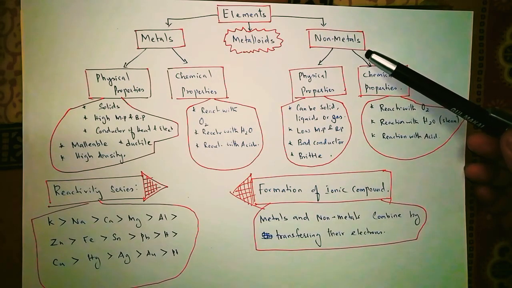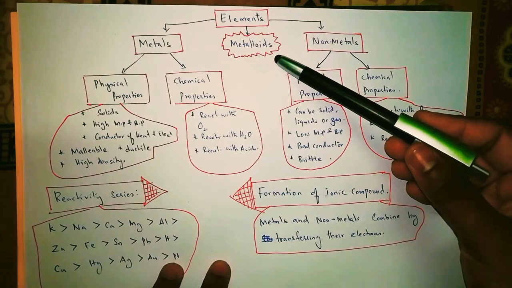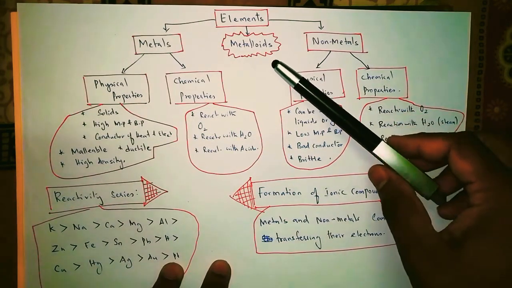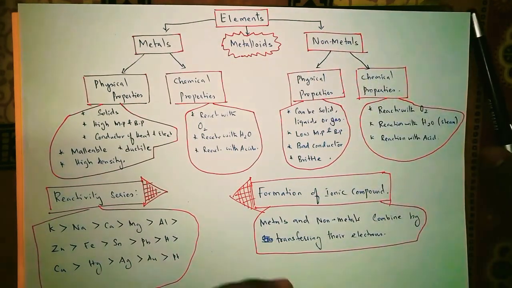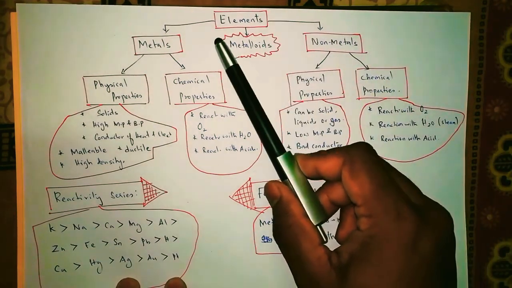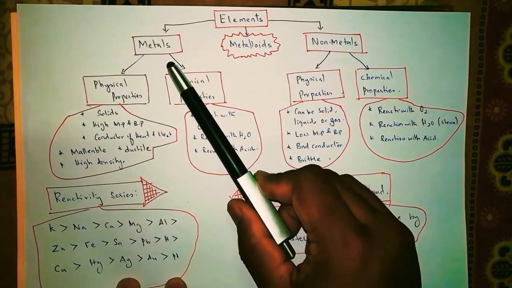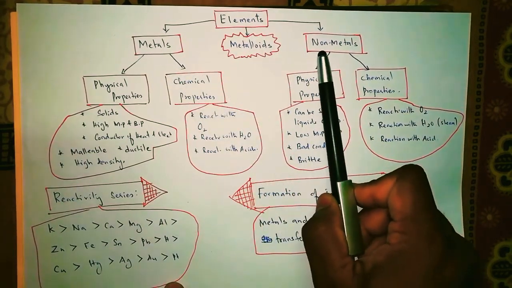And metalloids have the properties of both metals and non-metals. But in this chapter we are not going to learn much on metalloids. Mainly we are going to concentrate on metals and non-metals.